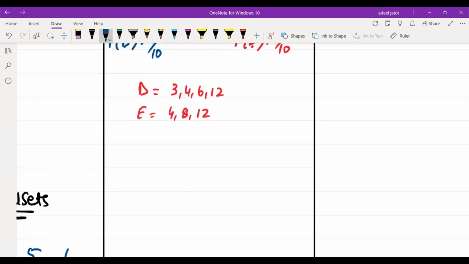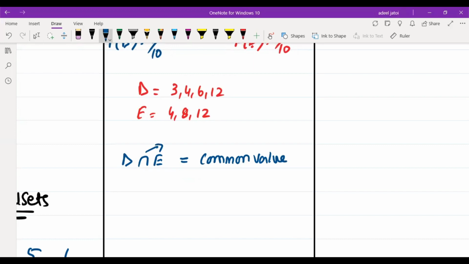The question says D intersection E, which means what? Common values.